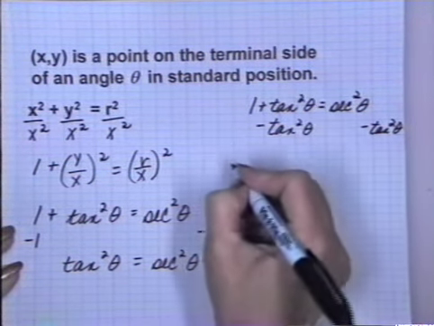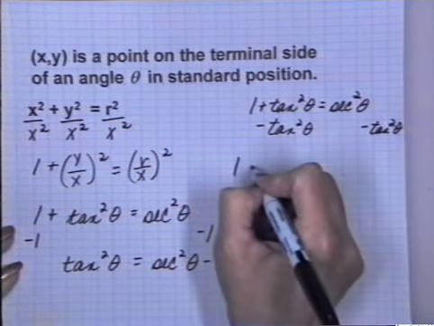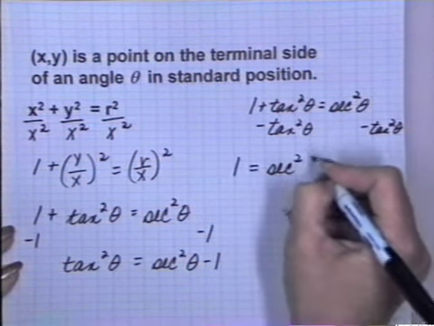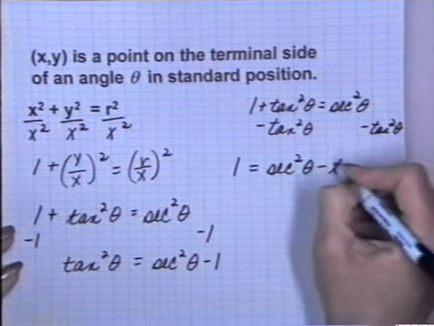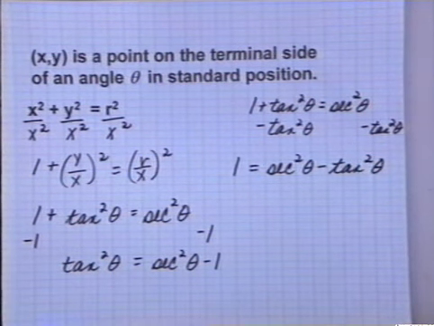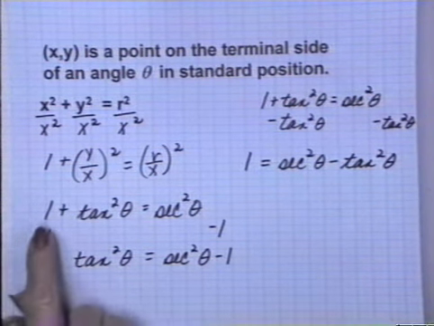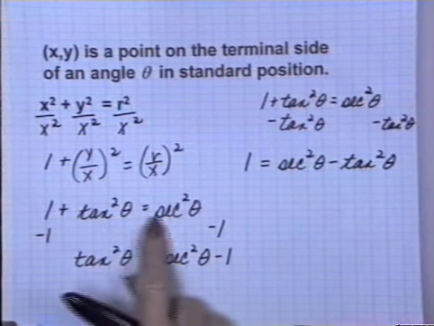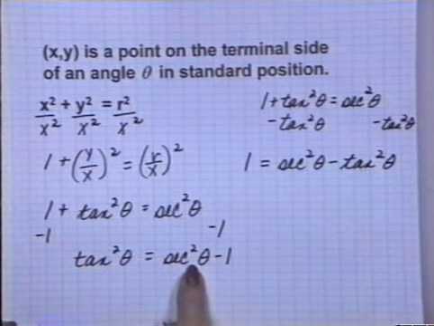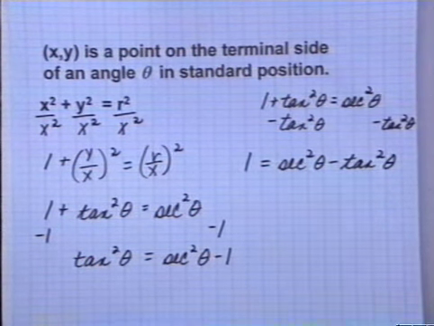And so I end up with 1, and of course tangent squared theta minus tangent squared theta is 0, and on the other side of the equals I will have secant squared theta minus tangent squared theta. So that's 3 forms of this Pythagorean identity, and once again you need to know all of them. 1 plus tangent squared theta equals secant squared theta. Tangent squared theta equals secant squared theta minus 1, and 1 equals secant squared theta minus tangent squared theta.